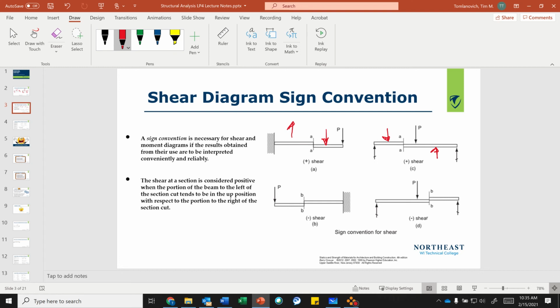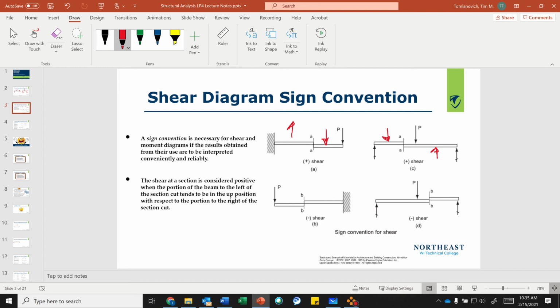So it literally doesn't matter if it's a negative or a positive shear. It's just the direction it's shearing. Is it shearing up or is it shearing down? So when we get further in this lesson plan and you get a negative value, it doesn't mean it's a smaller value. It just indicates the direction it's shearing internally. So don't worry about it too much.